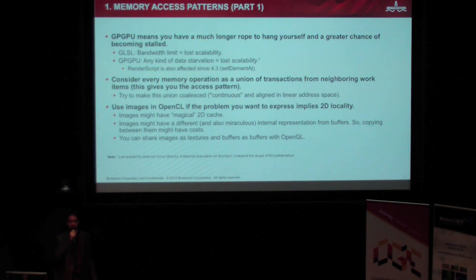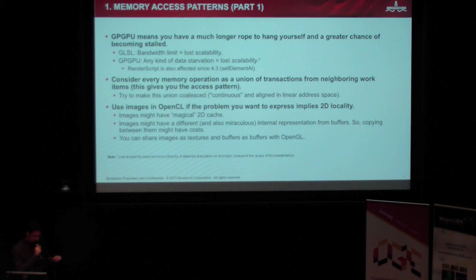It's about doing completely new kinds of stuff, and for these new applications we needed more freedom, more control, and we got more responsibility and a way longer rope to hang ourselves with. So now we can achieve data starvation much more than before, and RenderScript was an exception originally, but luckily since 4.3 they've also introduced random access writes.